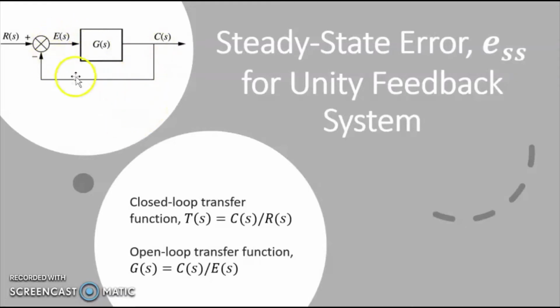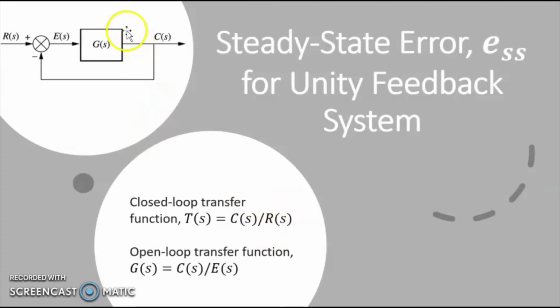When you have this unity feedback system, there are 2 ways to calculate the steady state error, ESS. The first is to use the closed loop transfer function, T equals C over R, where C is the output and R is the input.